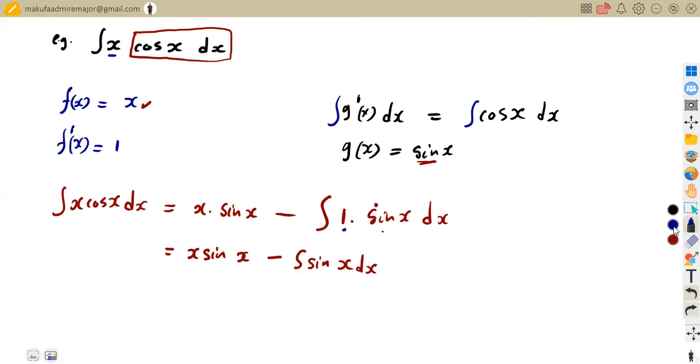So remember, sine is obtained from negative cos on our derivatives. Remember, when you differentiated cos, it gave us a negative sign. So if you integrate a sine, it gives us a negative cos. Remember, it's a reverse of the derivative.